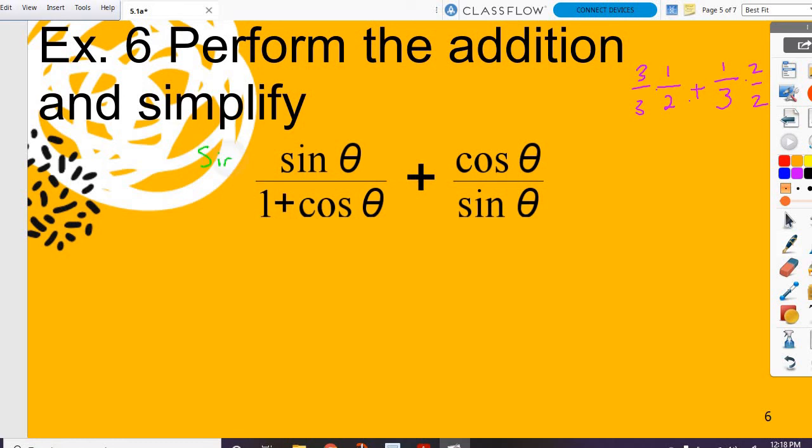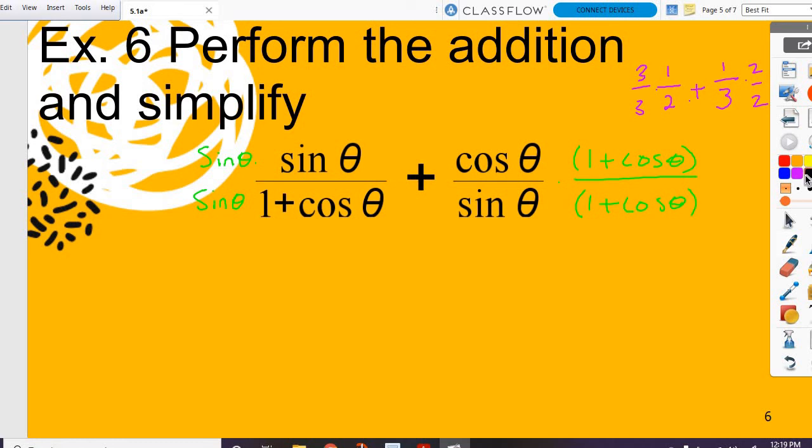So we would need to multiply the top and the bottom by sine. On our second one, it's missing a 1 plus cosine. So we would have to multiply the top and the bottom by 1 plus cosine.